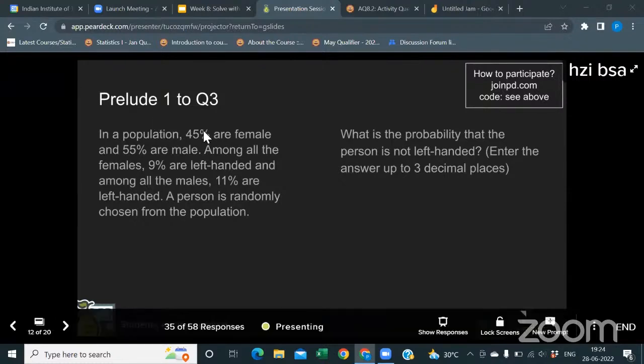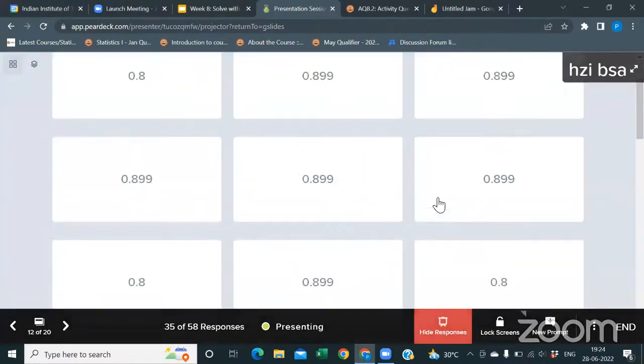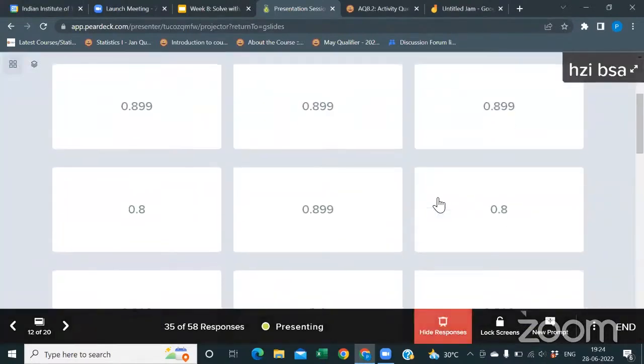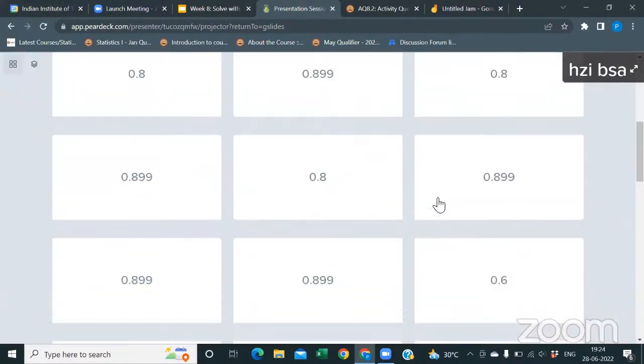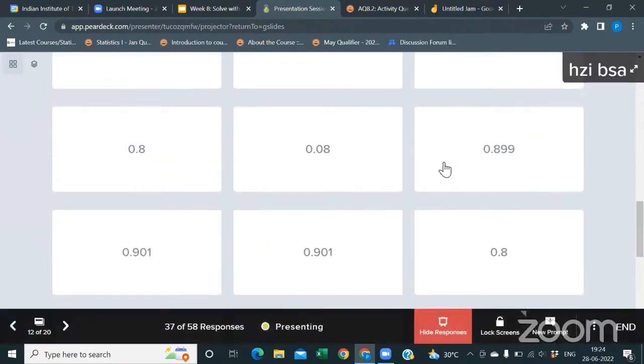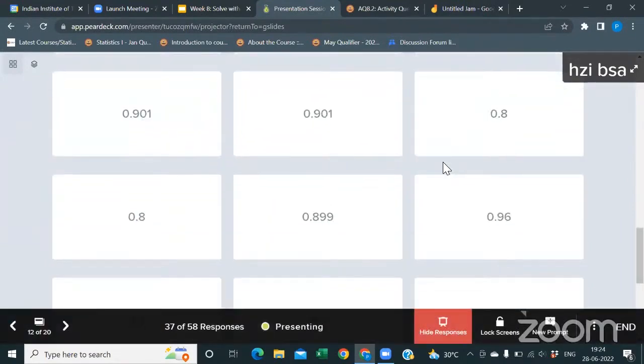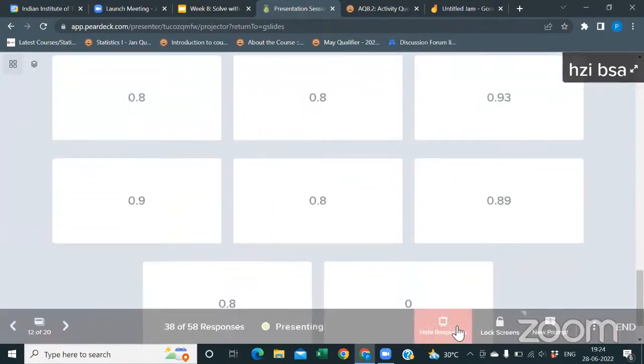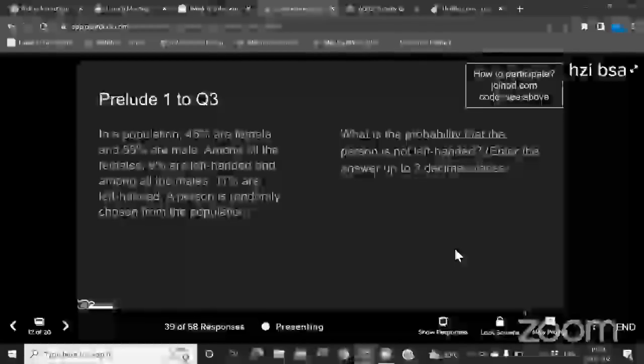Okay, let me see the responses from your side first. 0.899, 0.89, 0.8, 0.89. The majority is 0.89. Someone has entered 0.901 as well. So how did you approach this one?